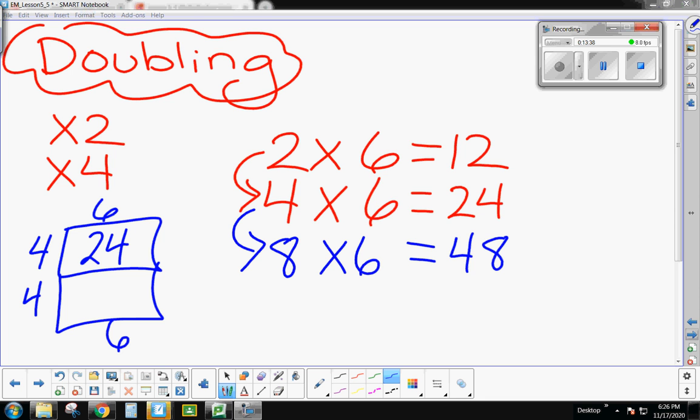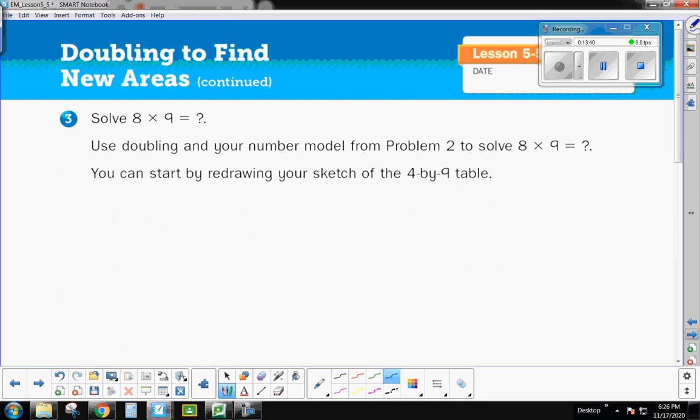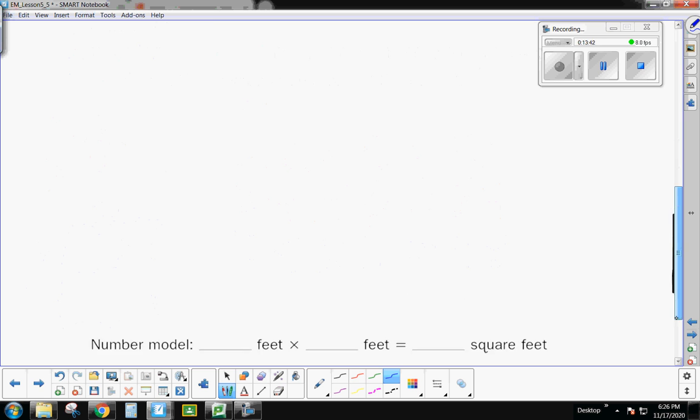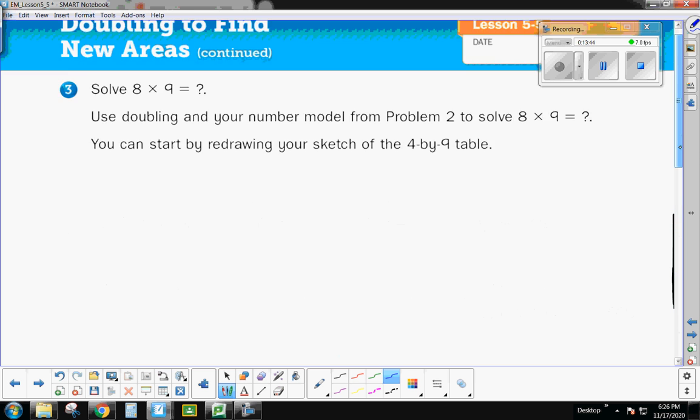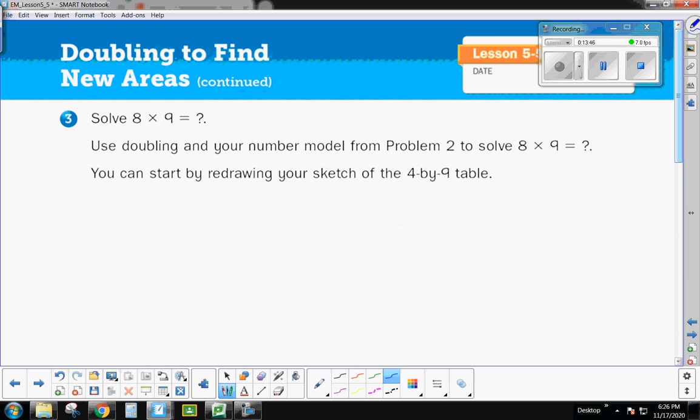All right, there's one more problem to do in your workbook. On the next page, I think the page is 165. And it wants us to solve 8 times 9. It says use doubling and your number models from problem 2 to help you solve 8 times 9.